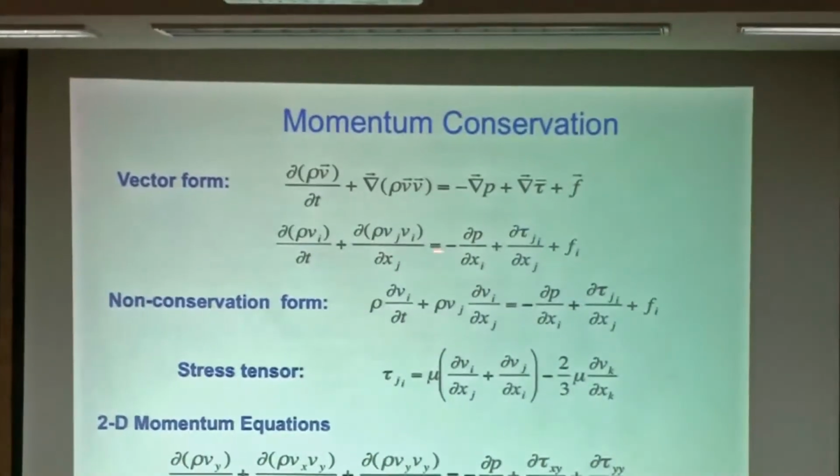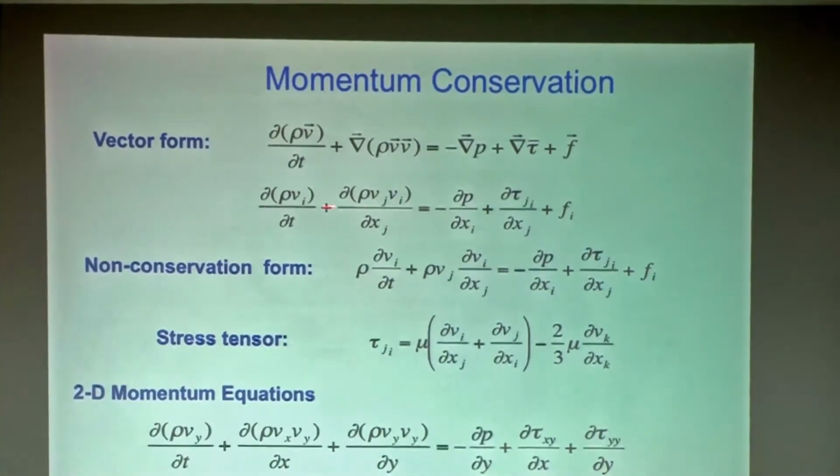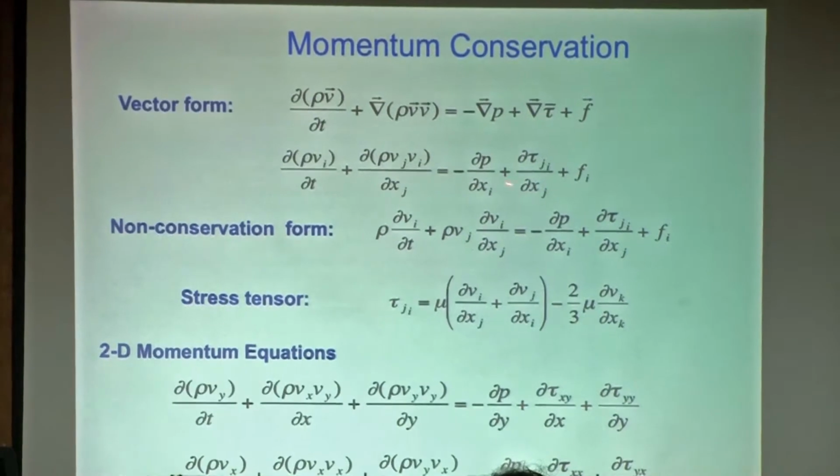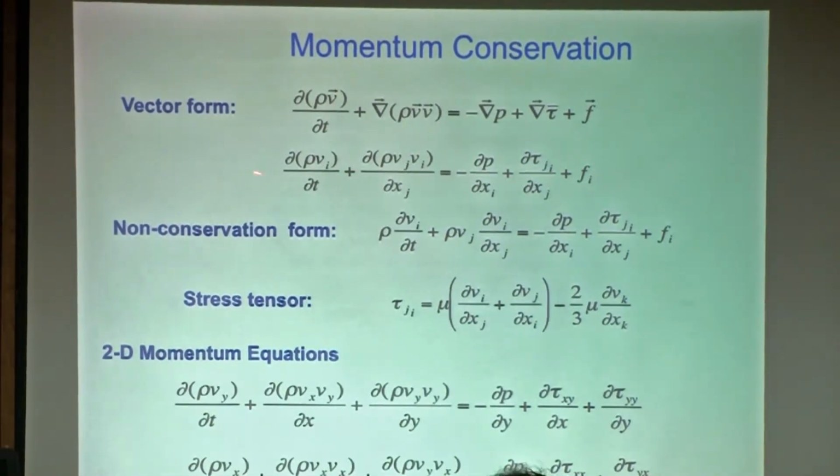Okay, so that's a very convenient way of writing. I usually prefer this form because then you know it's also three-dimensional, and also it's easy to write all the three momentum equations from here because you can take either i 1, 2, and 3, or you can take x, y, and z. Okay. But then be careful with this j.